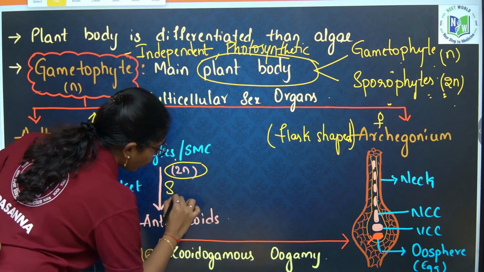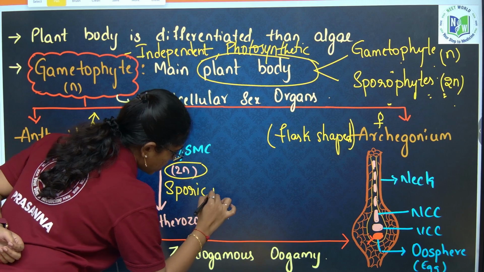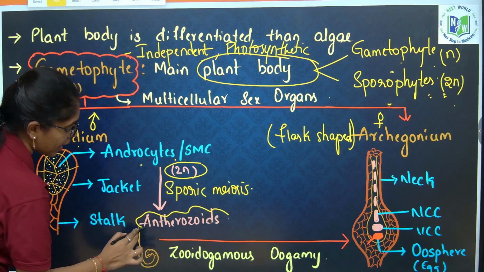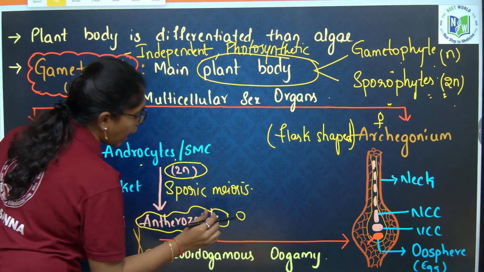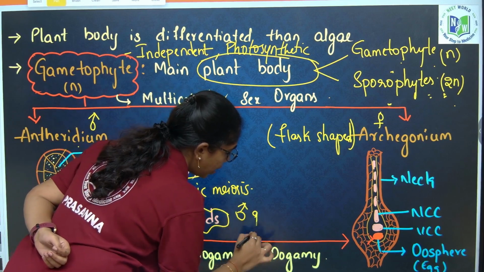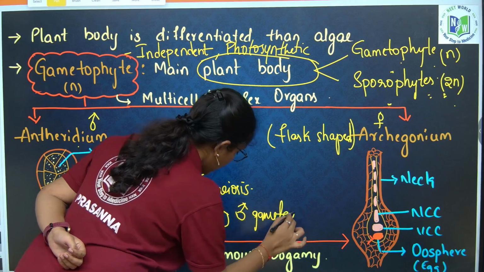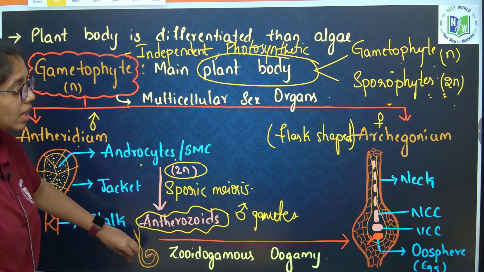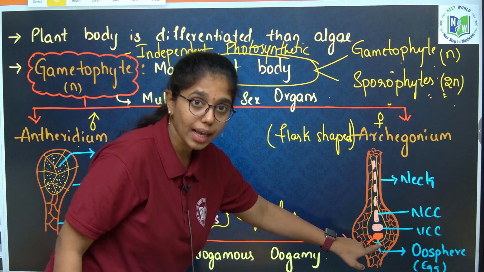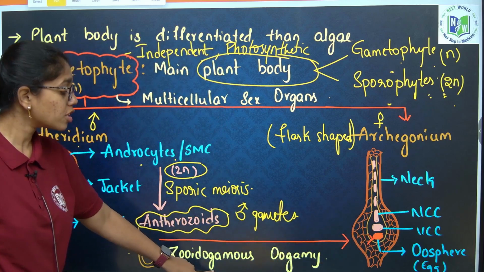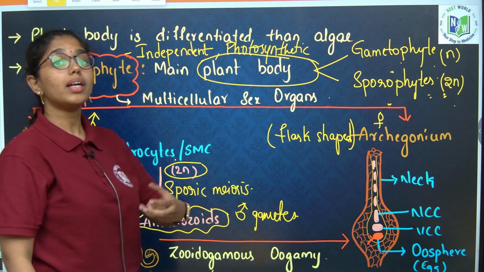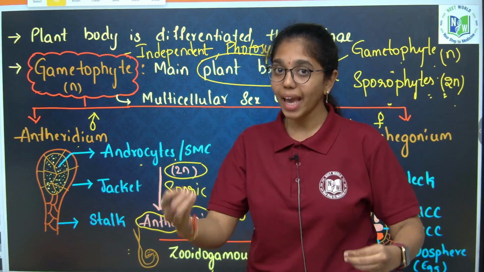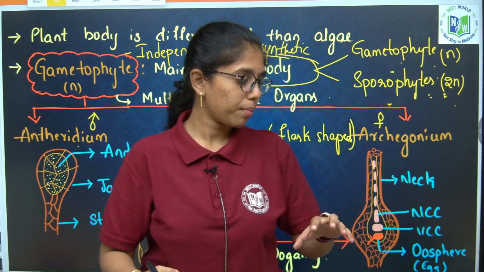They undergo sporic meiosis and release antherozoids. Antherozoids are male gametes. They are biflagellated, and they reach the egg and fertilize it. This process is called zooidogamous oogamy. A biflagellated antherozoid fertilizing an egg is zooidogamous oogamy.